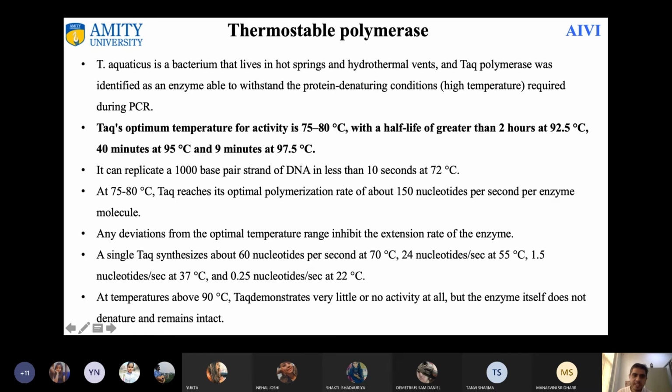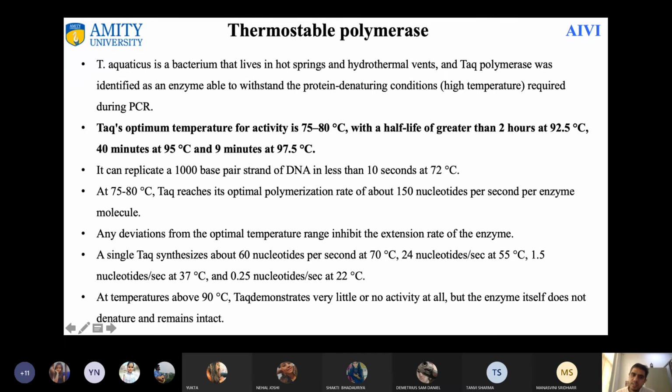A single Taq synthesizes about 60 nucleotides per second at 70 degrees Celsius, and 24 nucleotides at 55 degrees Celsius. You can simply see how much the temperature changes things. So you should choose the temperature carefully while working with these thermostable enzymes so that they can function optimally. At temperatures above 90 degrees, it has very little or no activity.